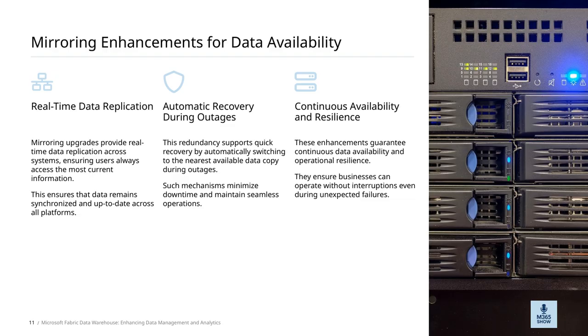This means your users always have access to the most current information, and everything remains synchronized and up to date across all platforms. In essence, these mirroring upgrades are about creating a resilient, reliable environment where data is always available, supporting your business continuity goals.